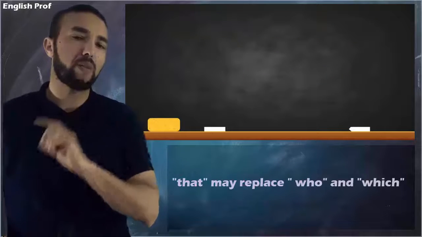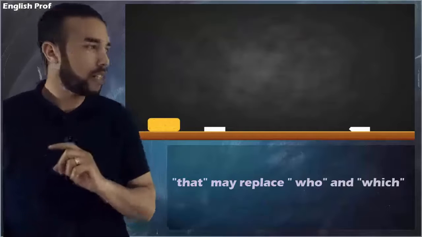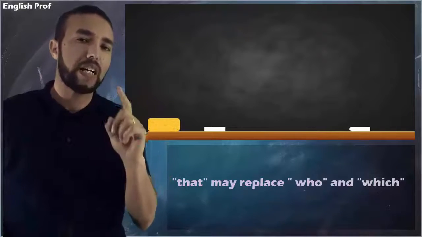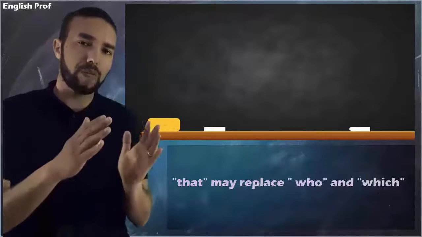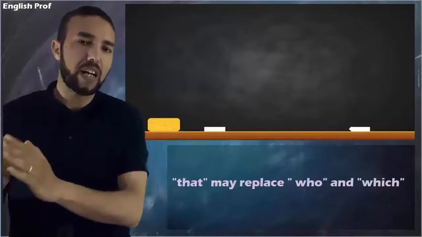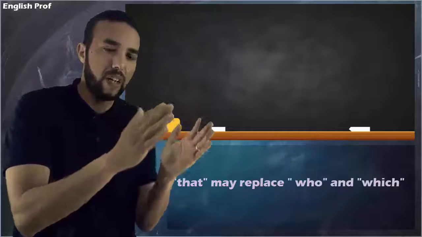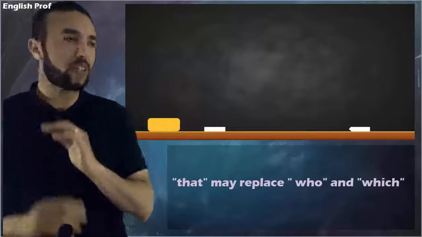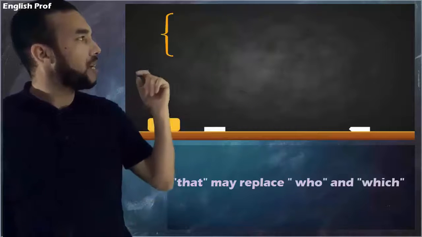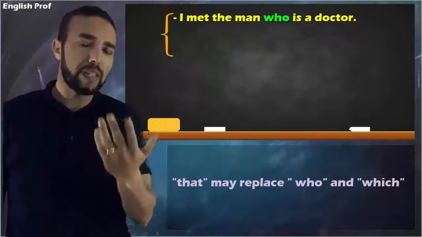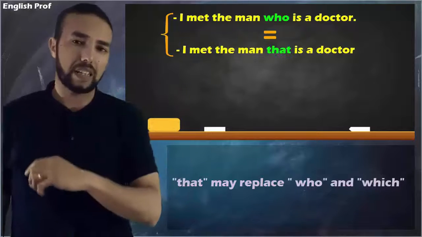One very important piece of information: that is used for humans and non-humans. We use who and we use which, and that could sometimes replace who and which. For example, I met the man who is a doctor, or I met the man that is a doctor.